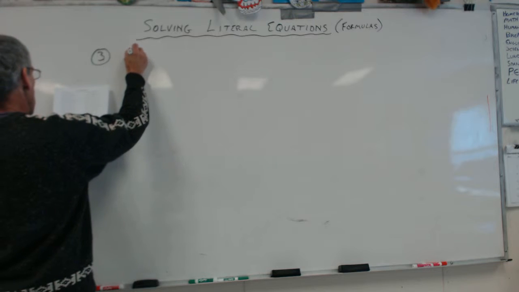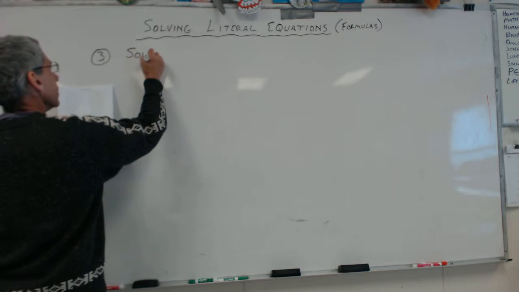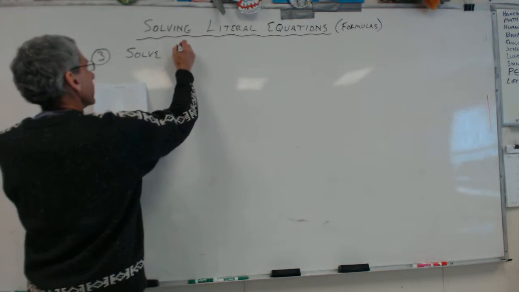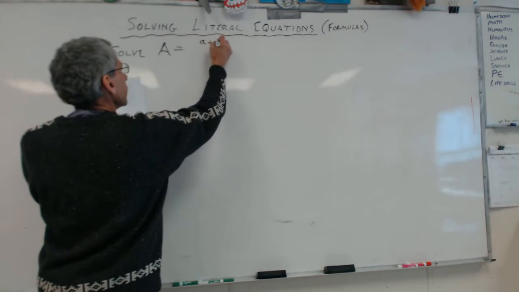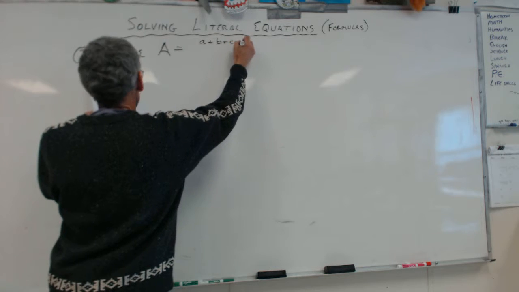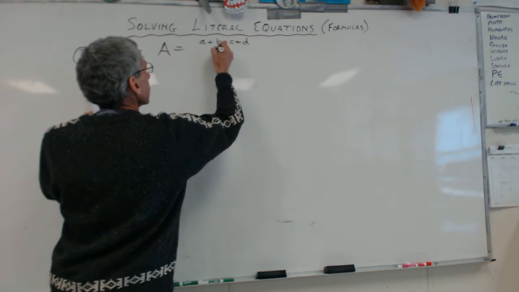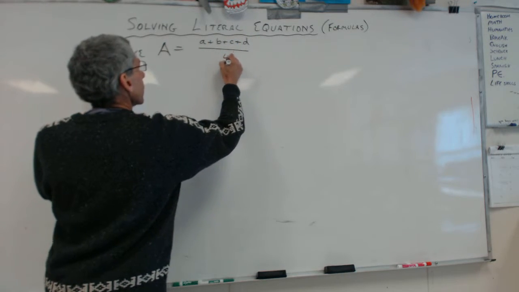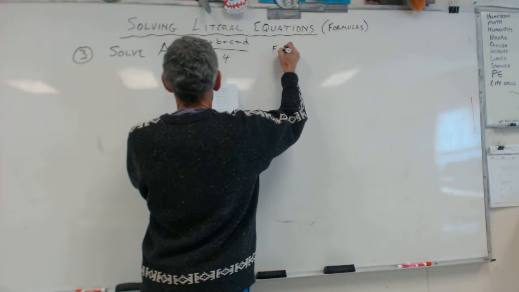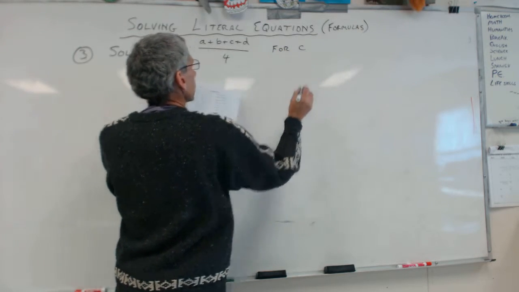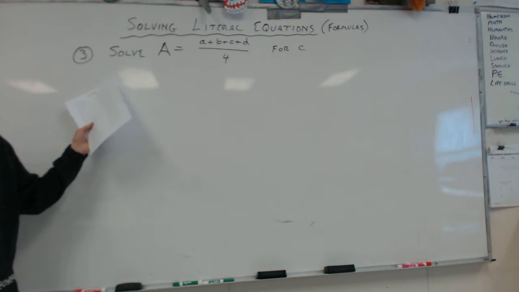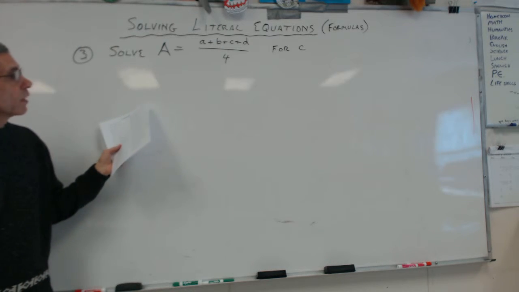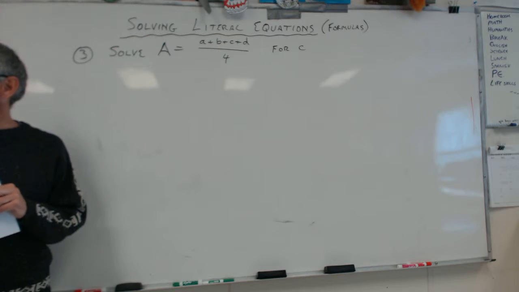Solve capital A is equal to small a plus b plus c plus d, all over 4. Is that a real equation? Let's not worry about that for now, let's just focus on this. I'm asking you to solve for c. So what would you do?